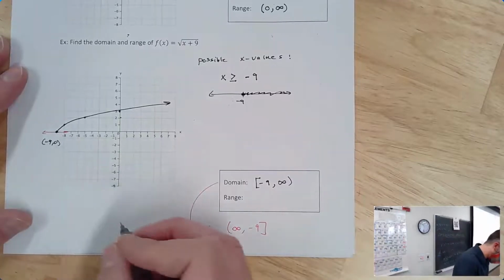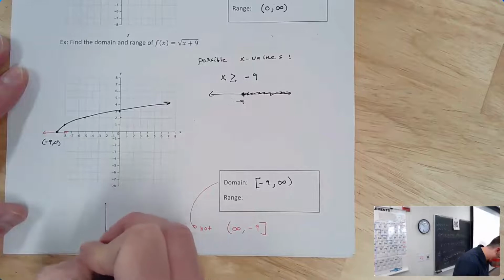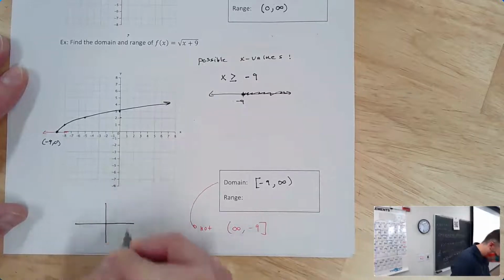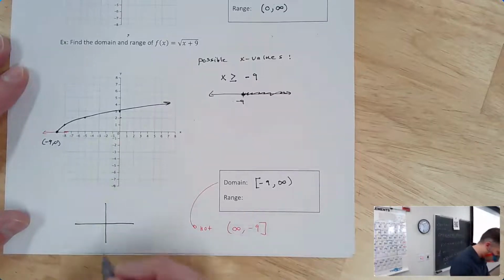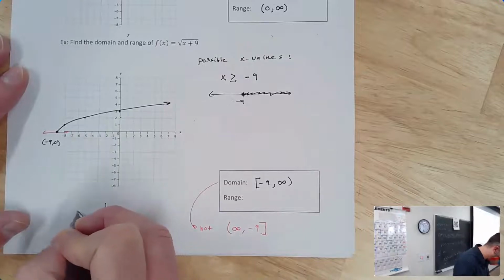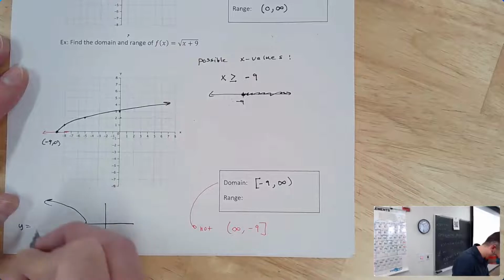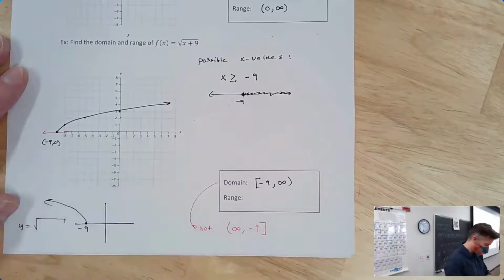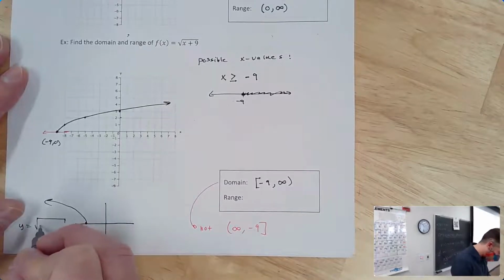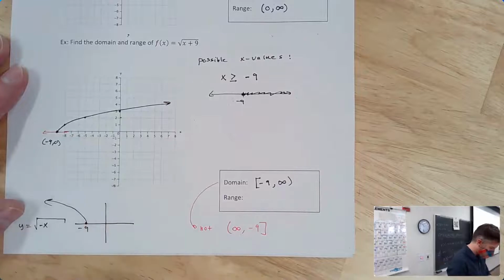So yeah, in fact, if our function was instead, let's say it was going this way. So it's the square root of negative x minus 9.